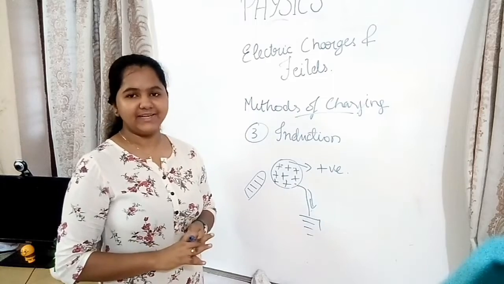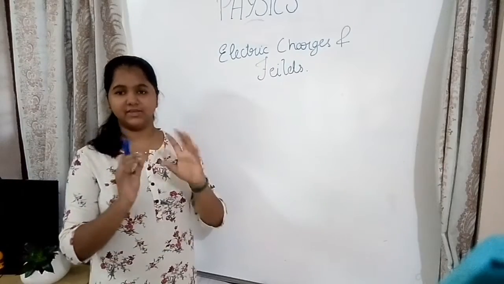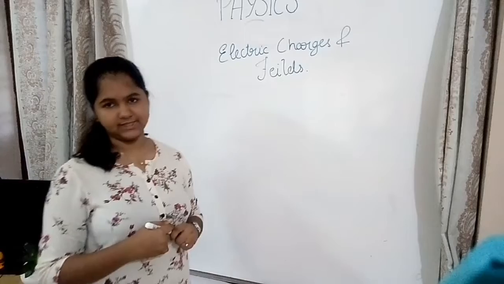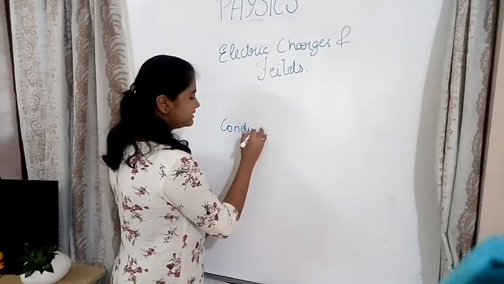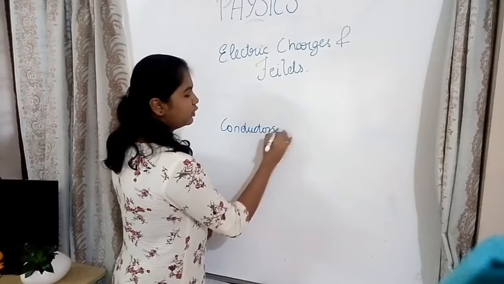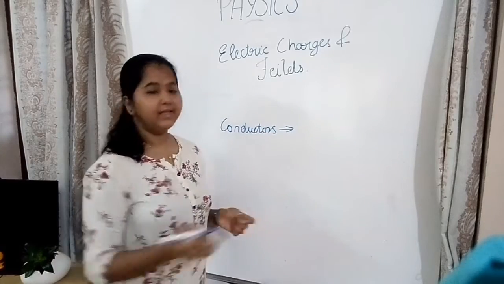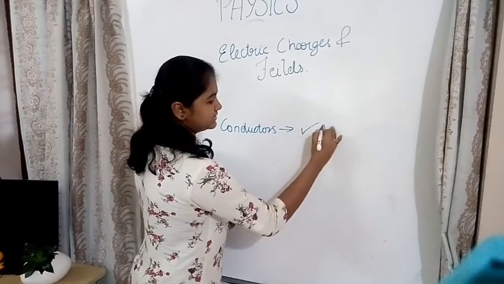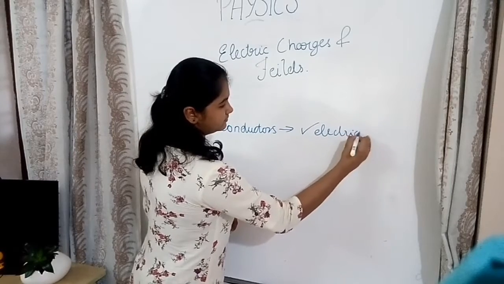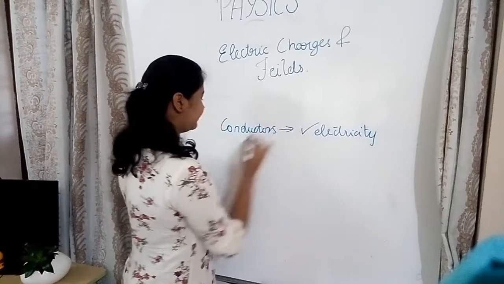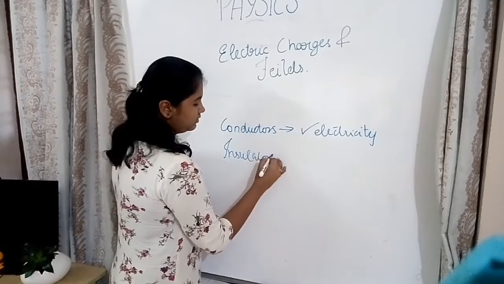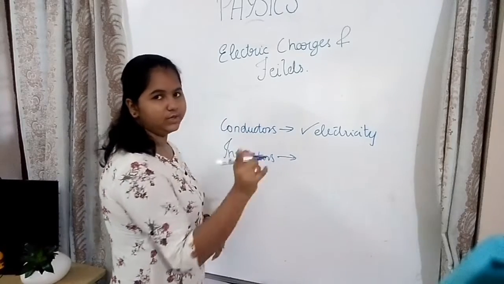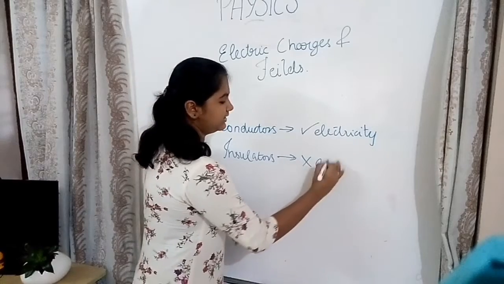Next we learn, just to give you a rough idea, about conductors and insulators. Conductors, what are they? They allow electricity. Whereas for insulators, electricity is not allowed to pass through.